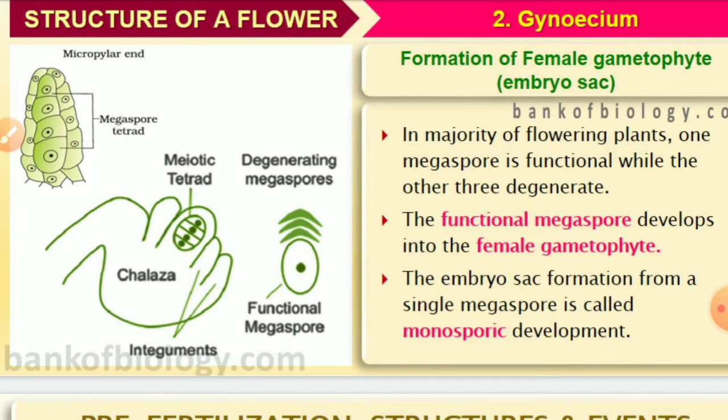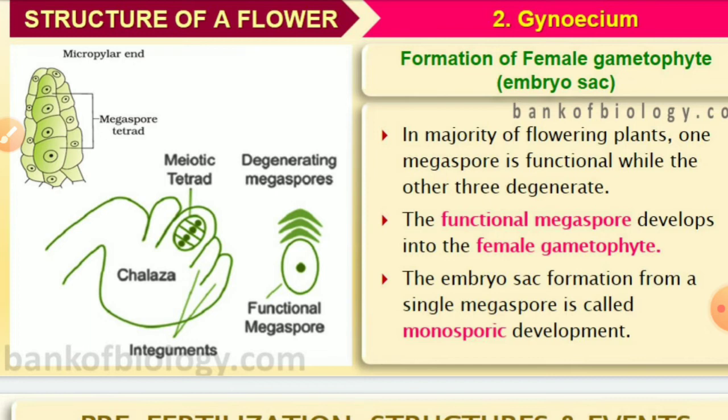The functional megaspore develops into the female gametophyte, the one which is growing and developing. Three are degenerated and one is functional.